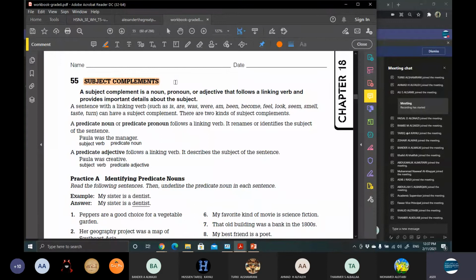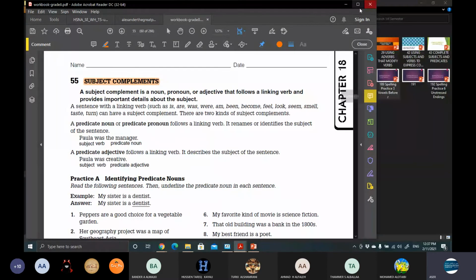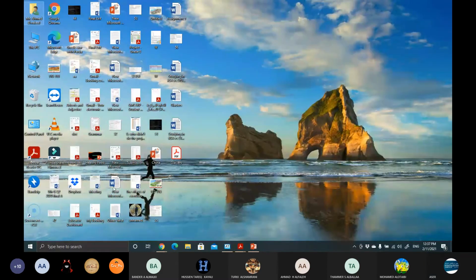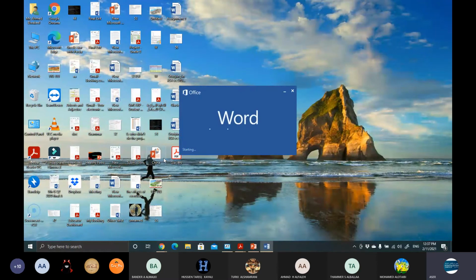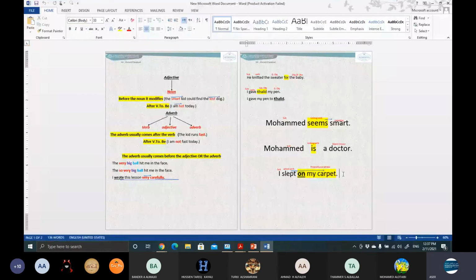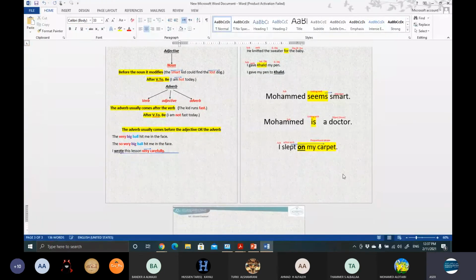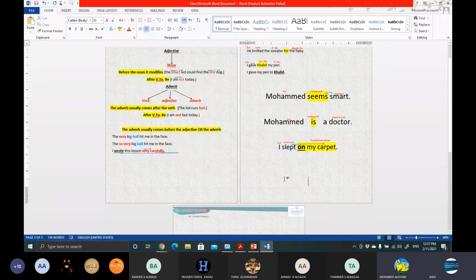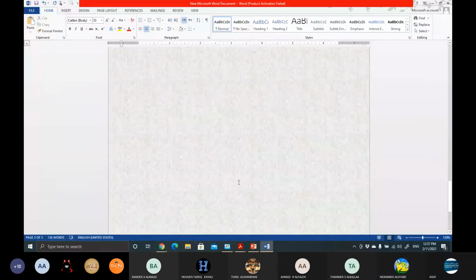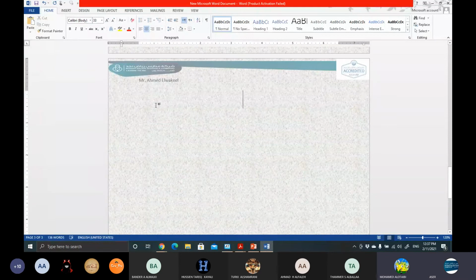So first, let's speak about the linking verb. Do you remember the linking verb? What is the difference between a linking verb and an action verb? Can I answer quickly? Yes, Muhammad. A linking verb is a verb that links the subject with the object. Give me an example.